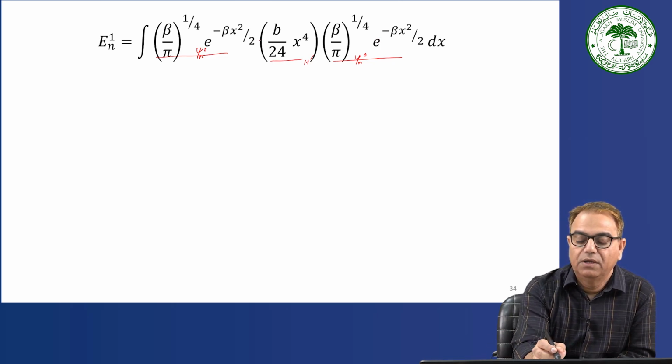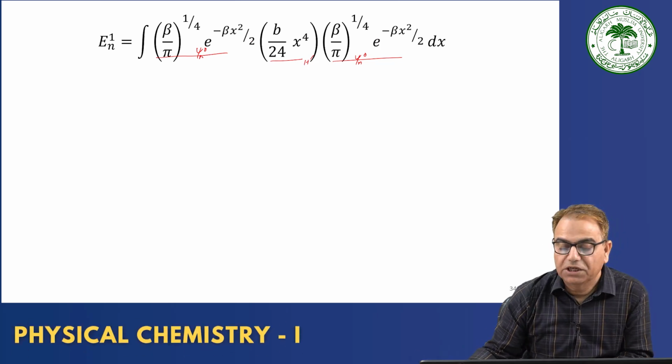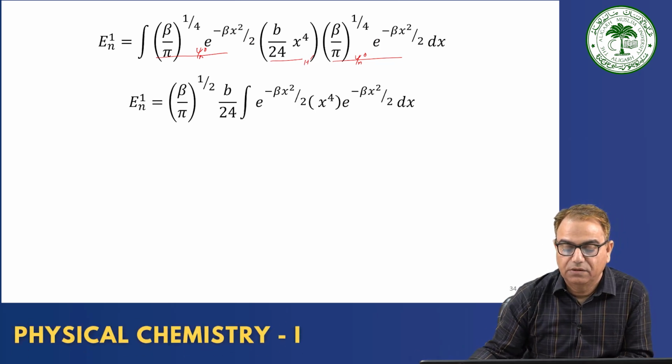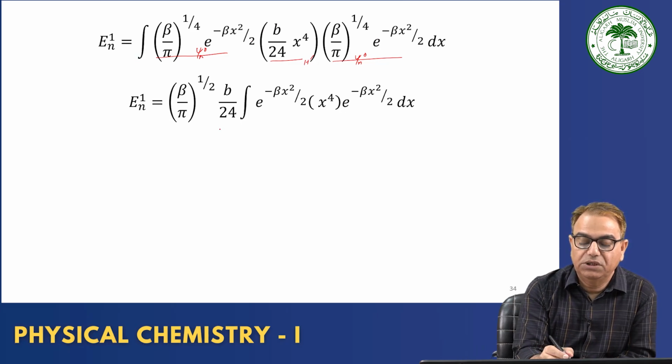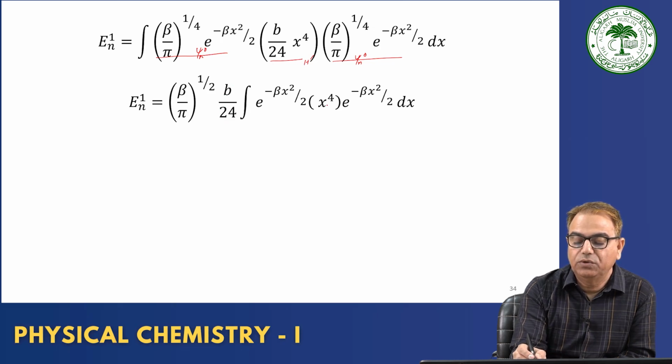If you bring them together, the powers will get summed up, and it will be exponential minus beta x square. This you bring outside, then b divided by 24 is also a constant, so bring b divided by 24 outside, and now you have exponential minus beta x square divided by 2, x raised to the power 4, exponential minus beta x square divided by 2 into dx.